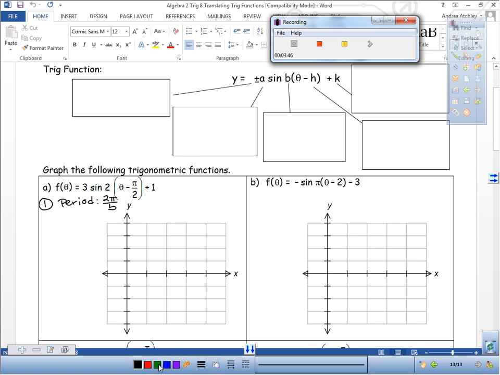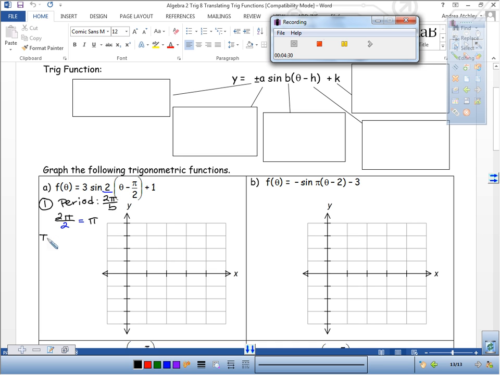So this is my b value. So the period is 2 pi divided by 2, which just equals pi. So in the past we put the pi at the end, but we're not going to do it this time because we're going to shift this. So it's not going to end at pi now because we have to shift it right and left. Okay? But we still have to count by.